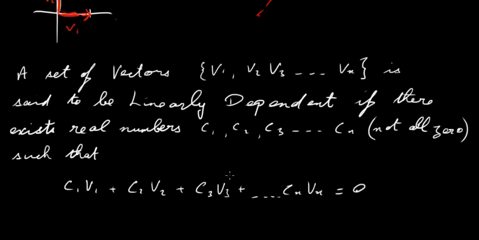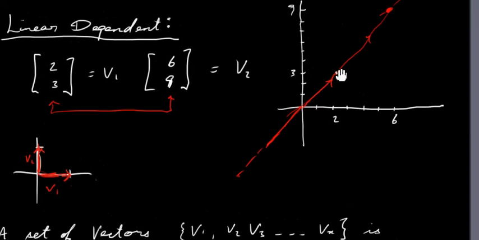So in other words, if you do a linear combination of all of these vectors here using this set of real numbers here, and not all of them 0, so some of these have got to be greater than or less than 0, but when you do a linear combination of all of these, you do get the 0 vector here. And you can kind of see that if you imagine that if you do a linear combination of all the vectors on this line here, you will end up back here at 0, providing that all the numbers that you multiply each vector by are not 0.